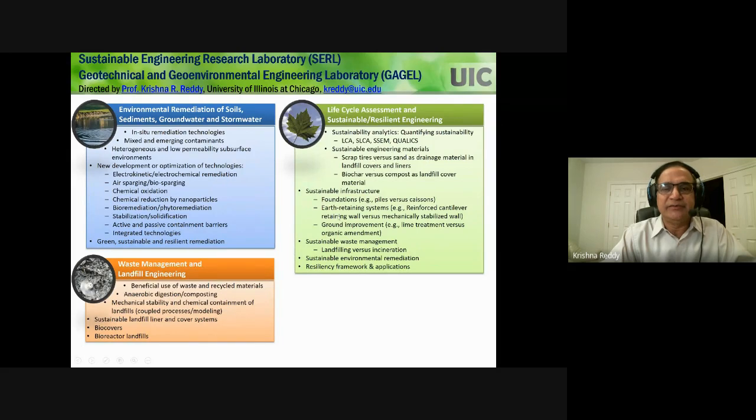Once you have that kind of framework, you can apply it to any kind of engineering project. Since I do research in geotechnical and geoenvironmental engineering, I apply it to those systems extensively, but as you will see from today's presentation, it can be applied to any other civil engineering system.